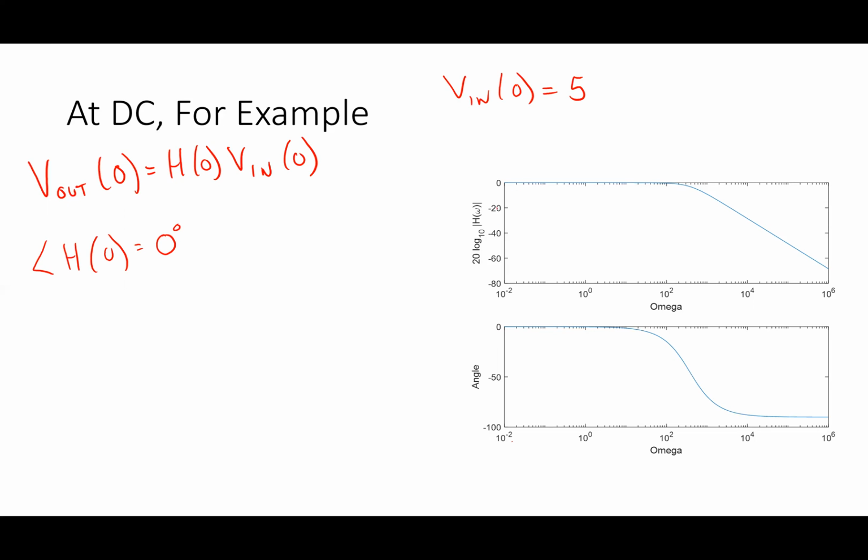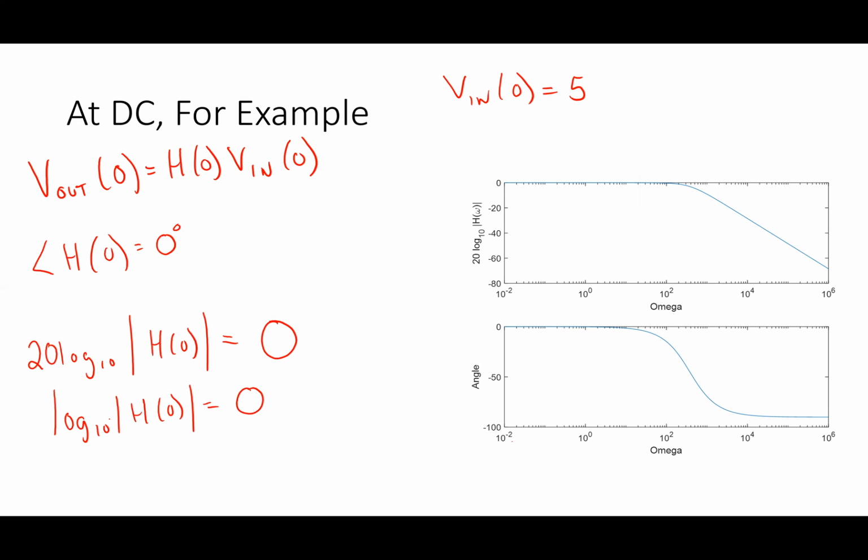So what this says is that 20 log 10 of the magnitude of H of 0 is equal to 0. To figure out the actual magnitude, I divide both sides by 20. I get the log 10 of the magnitude is equal to 0. And then I raise both sides to the power of 10.